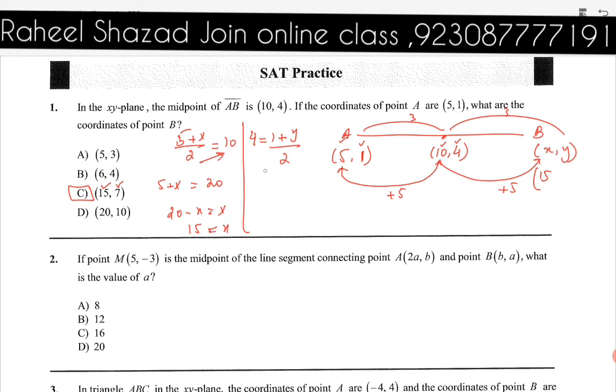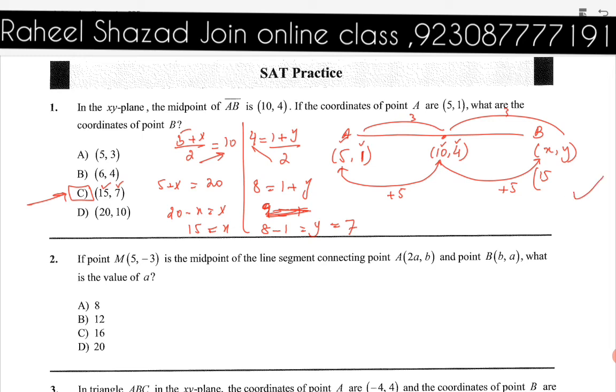So the x coordinate is 15, and similarly 8 is equal to 1 plus y, that is 8 minus 1 is y, that is equal to 7. So in any method you can solve this for the midpoint, either the direct method or this way.